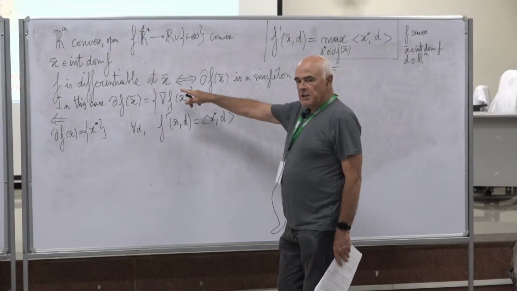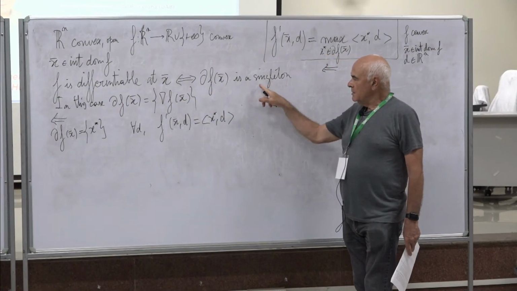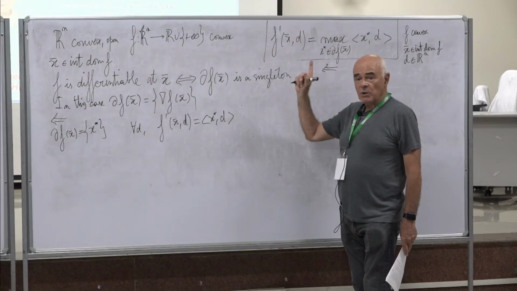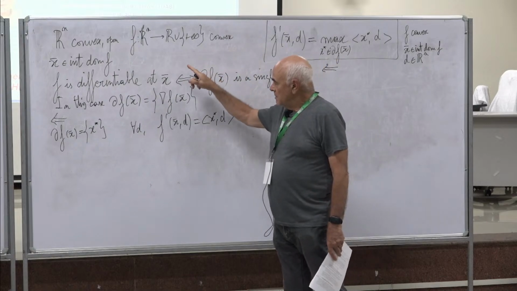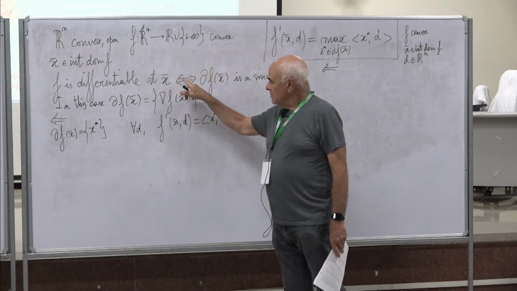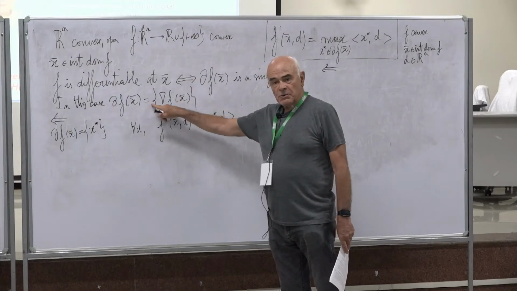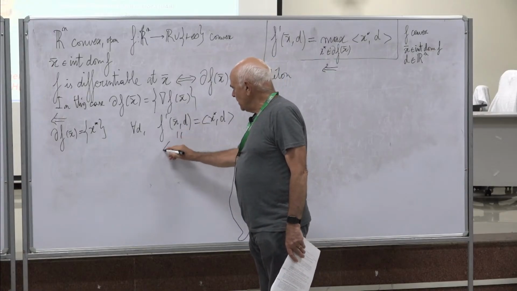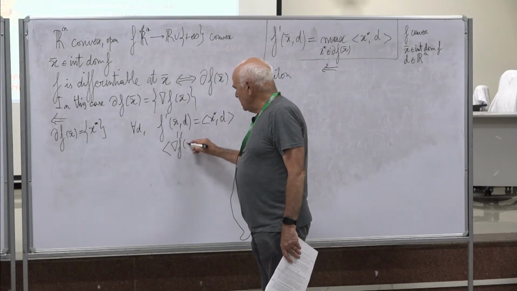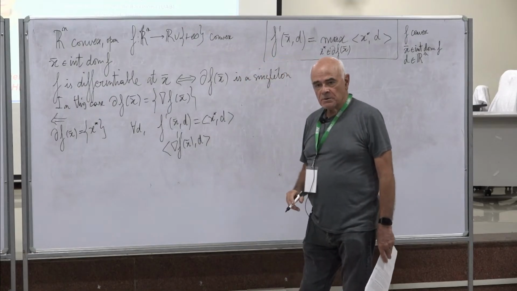Suppose f is differentiable at x bar. I want to prove that the subdifferential has only one element. By the way, here we have proved not only the implication from right to left, but also this equality, because the directional derivative is the gradient inner product the direction.